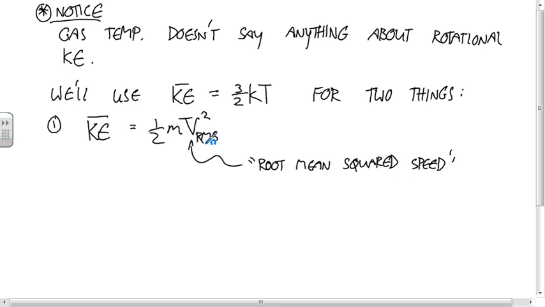It tells you what sort of a representative molecule's speed is. This m is, and this is an easy thing to get wrong, this m represents the mass of a single molecule. That's not the mass of the entire gas.